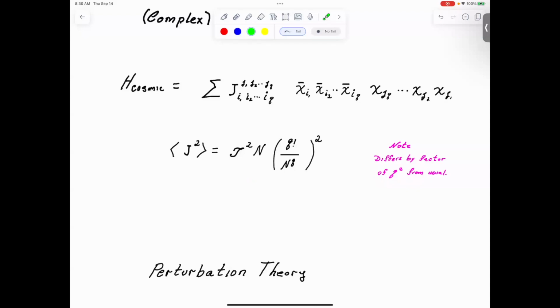It is slightly different than the usual convention. The usual convention has an extra factor of Q squared, a 1 over Q squared in the denominator. The difference has to do with what time scales we're working with. If we're working with the time scales associated with cosmology, then the appropriate Hamiltonian is, I think, Q times bigger than the Hamiltonian if we were working with the scales associated with chords or the string scale.